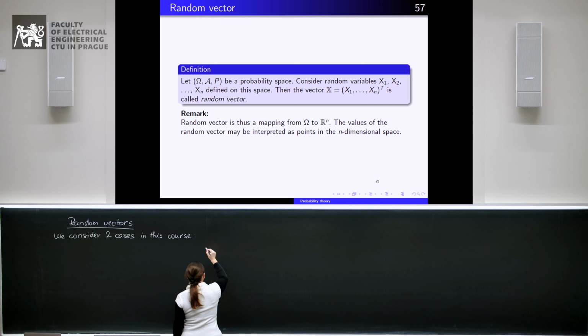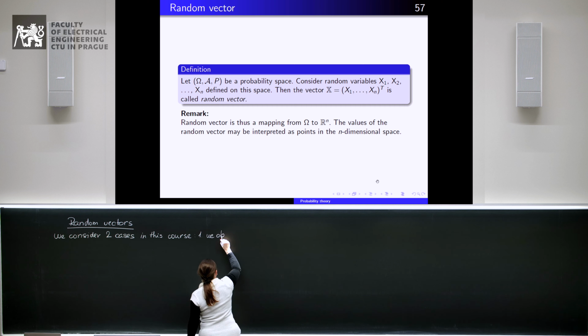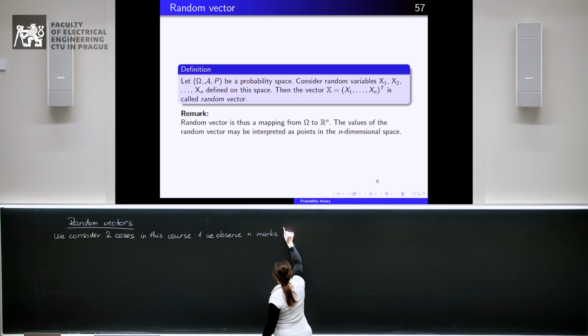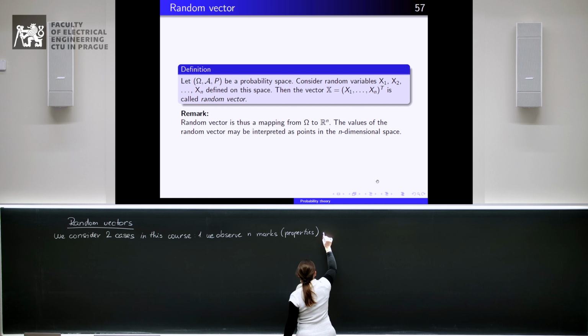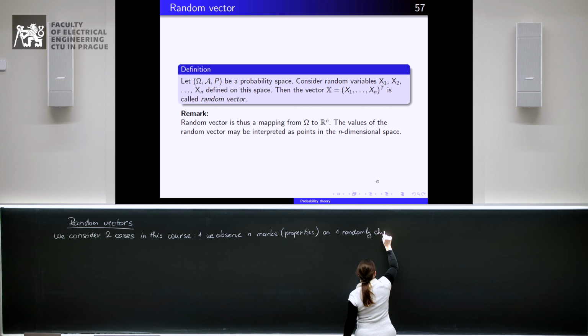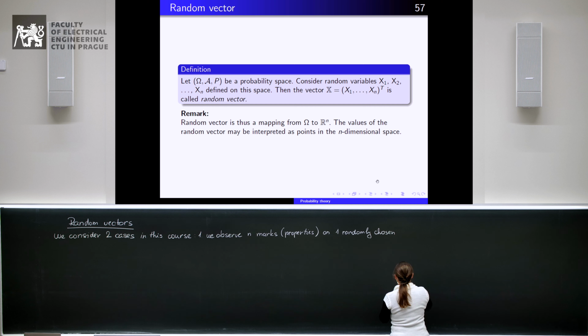The first case is that we observe, let's say, n marks, I would call it marks or properties, on one randomly chosen object.